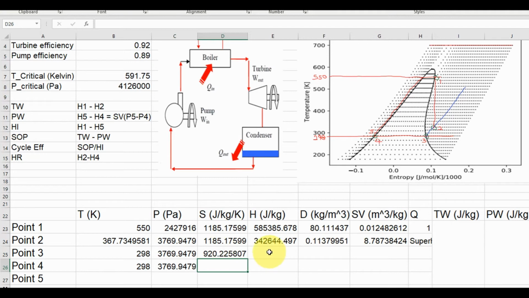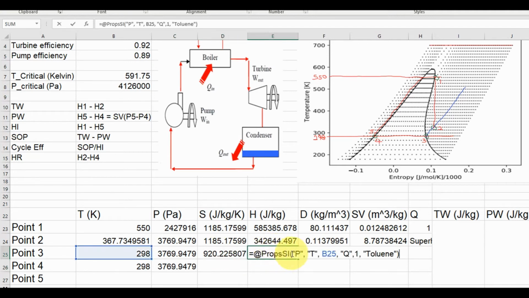Then we could repeat the same for the enthalpy at point 3. So this should be H. And then we can do the same for the density at point 3.